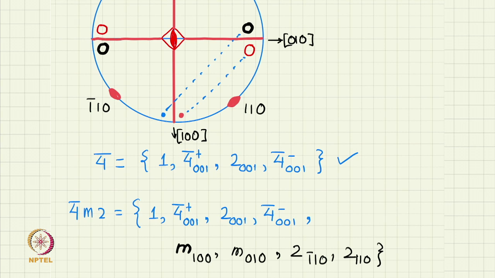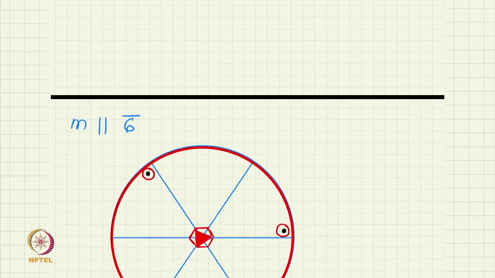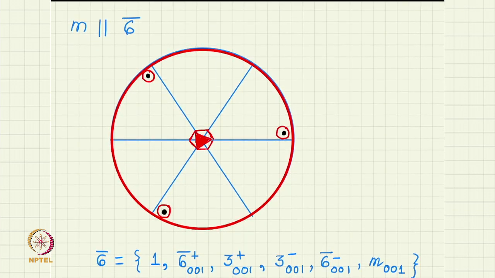So that completes the group 4 bar M2. Finally, we try to put a mirror plane parallel to a 6 bar axis.